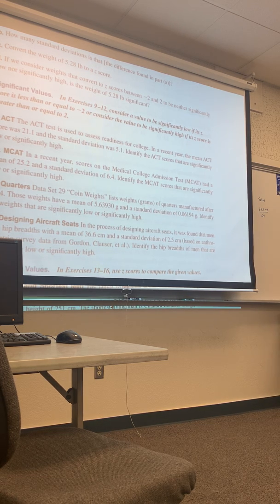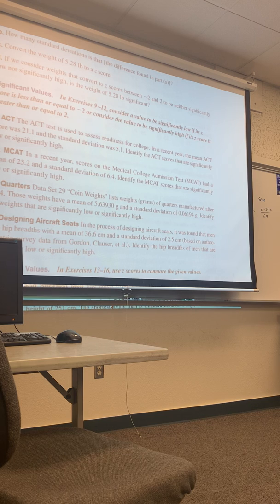Actually, sorry, the other way around: x minus 25.2 over 6.4. Solve that for x, and that's the z-score beyond which the numbers are significantly high.